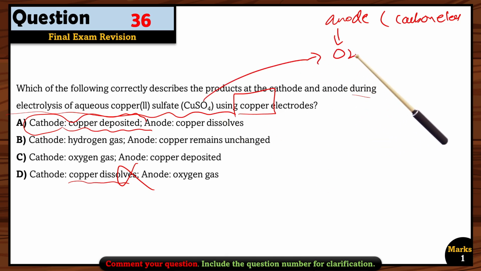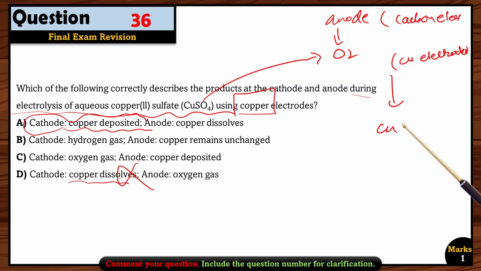Because this is sulfate. But if you have copper electrodes, then your product is already defined. Your product will always be copper ions, because the anode is made of copper, so it will oxidize itself and change into copper ions, right?